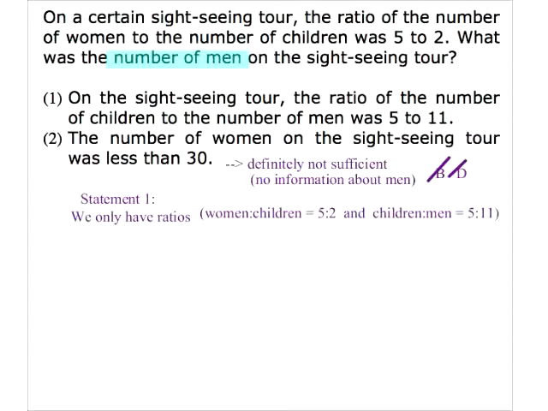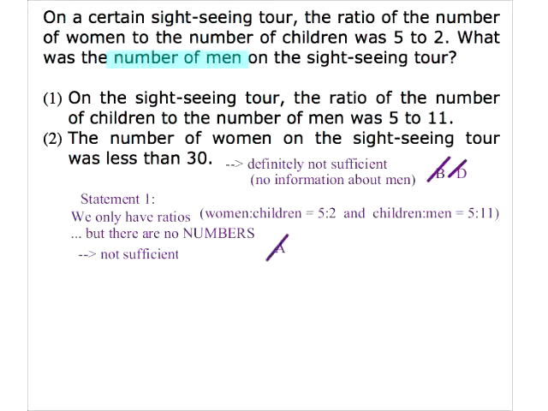But there are no numbers, so it's going to be impossible to tell the size of these numbers. This is also not going to be sufficient, because if you just have a bunch of ratios, then you don't have numbers. If things are in ratios, they can be big or they can be small, but you're not going to get numbers. So that means A is also out.